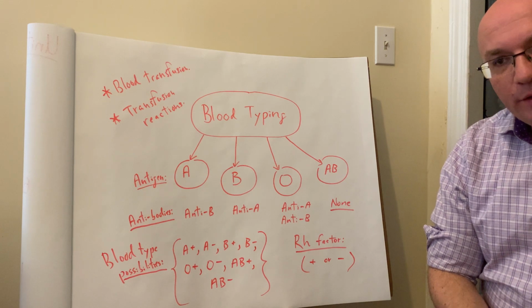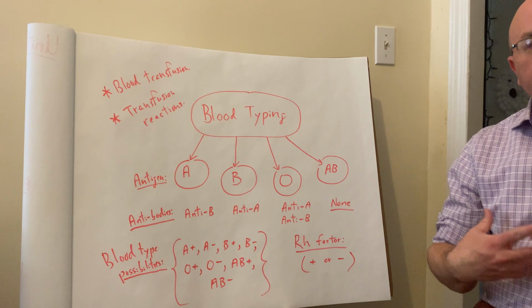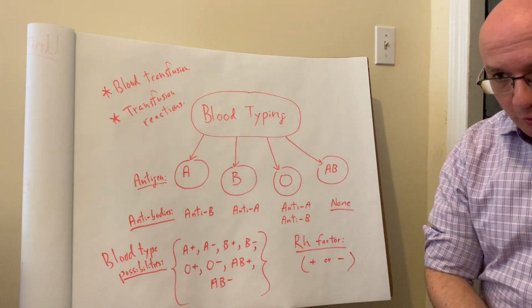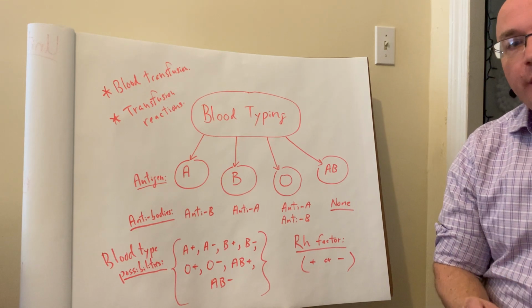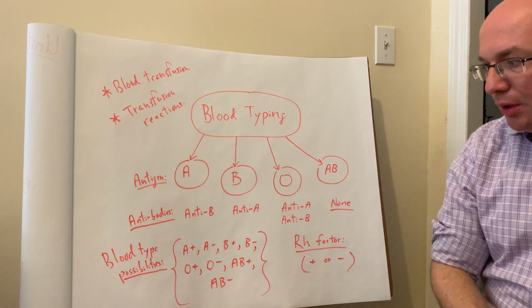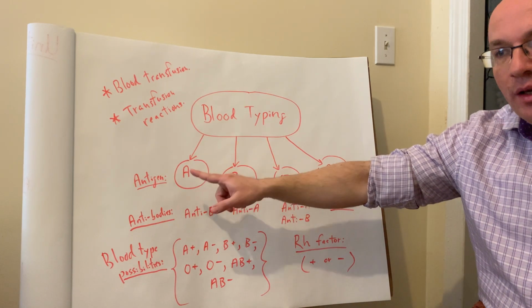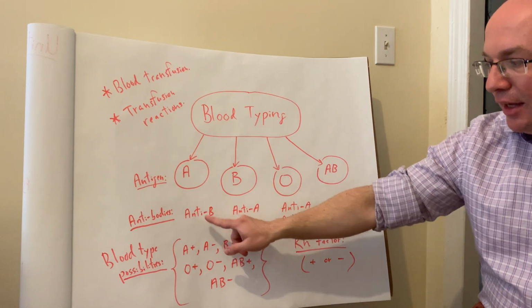Now, another thing to consider here that's very important, especially when we talk about blood transfusion, is that our plasma cells in the body, those cells that generate those very specific antibodies we talked about, actually already know and produce specific antibodies within this framework. So for instance, for a person whose blood is blood type A, the body naturally generates antibodies that are anti-B.